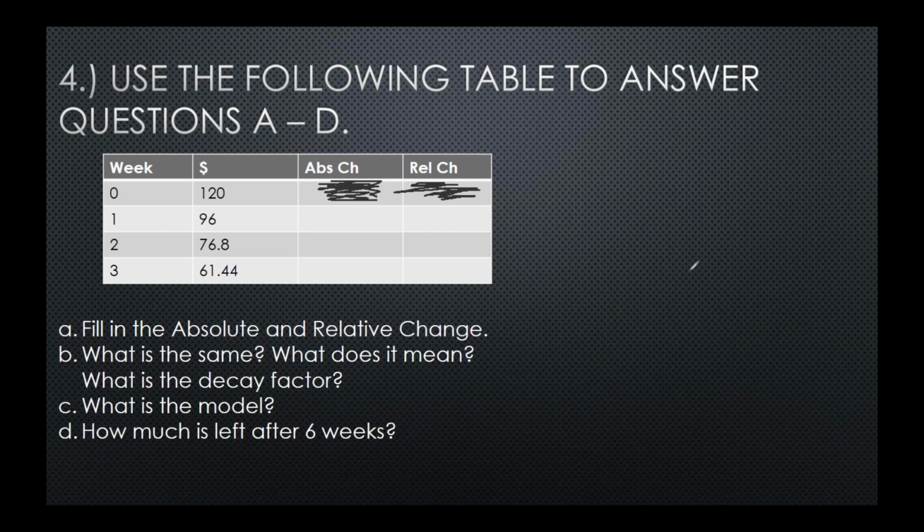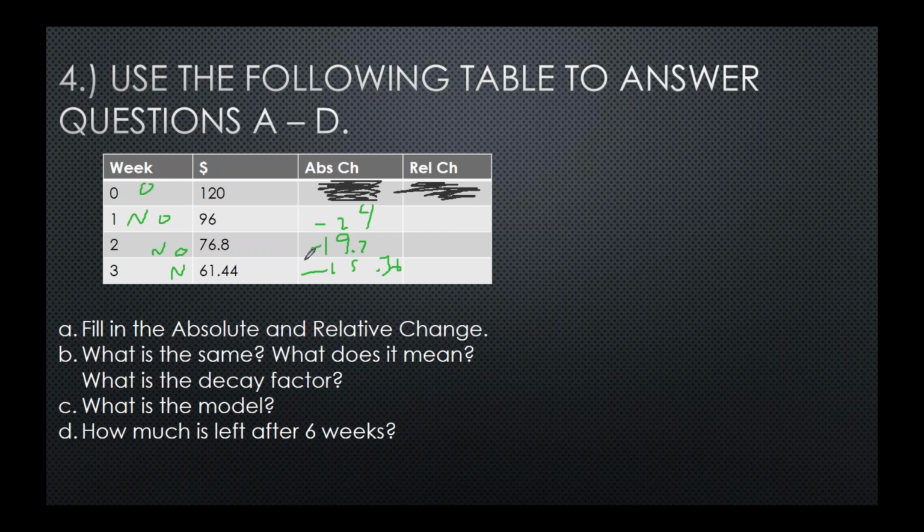I would like you guys to try and fill out this table, absolute change, relative change, very much like the table we did last time, but we have different values. And obviously you can see your values are decreasing. So this is a good review on absolute and relative change again, because the test is next week, so that's important too. Fill out the table, give me a yes, or else I'll check back here in about 2 minutes, and we'll go from there.